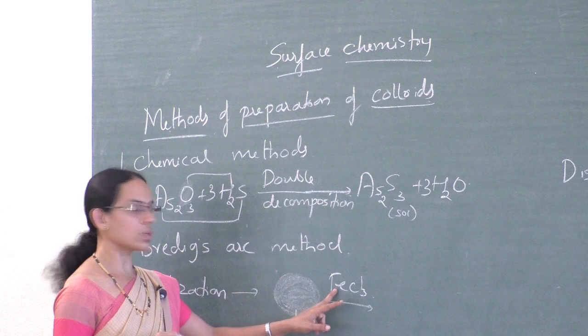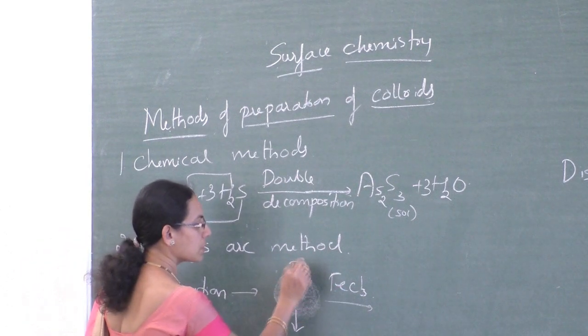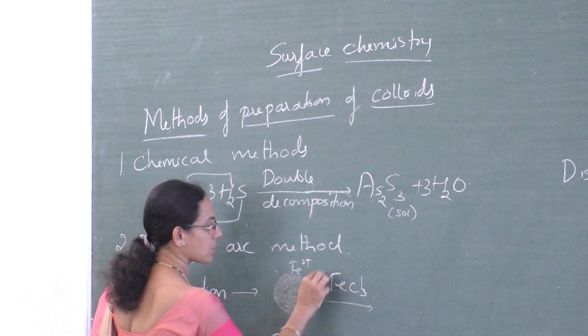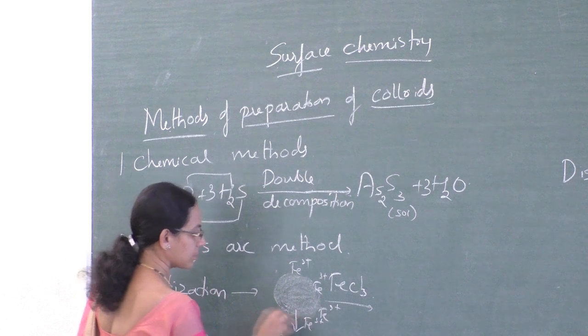The common ion is the Fe3+ ion, and those Fe3+ ions are adsorbed on the surface of the ferric hydroxide precipitate.